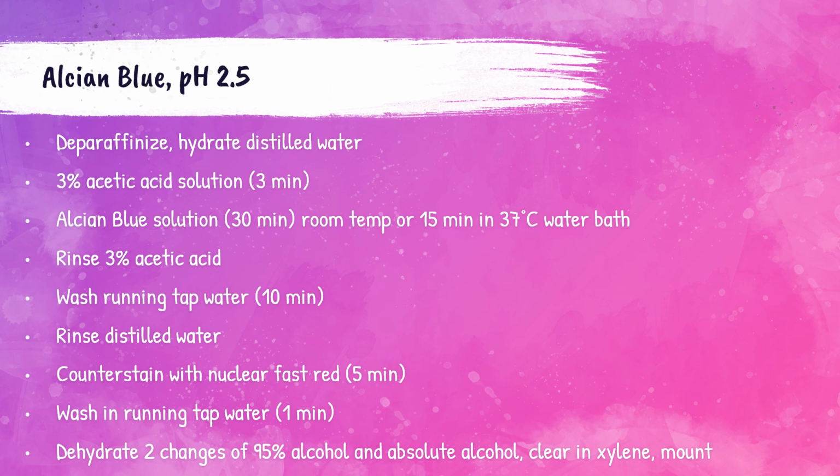After that step, they are rinsed in 3% acetic acid, then washed in running tap water for 10 minutes. Then they are rinsed in distilled water. The sections are then counterstained with nuclear fast red for 5 minutes and then washed for 1 minute in running tap water. Then the tissue is dehydrated with 2 changes of 95% alcohol and absolute alcohol, cleared in xylene, and then mounted in synthetic resin.